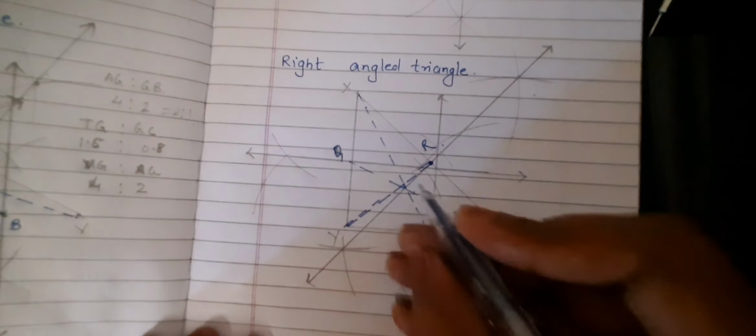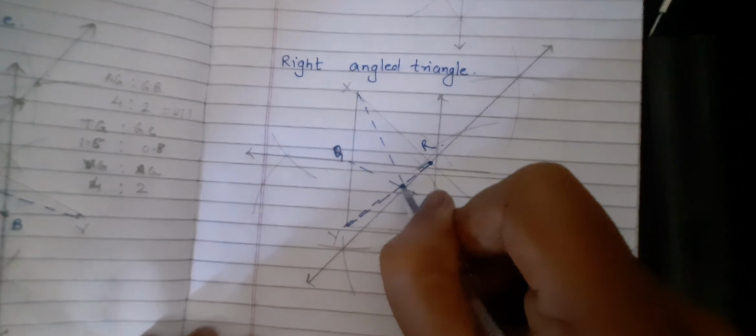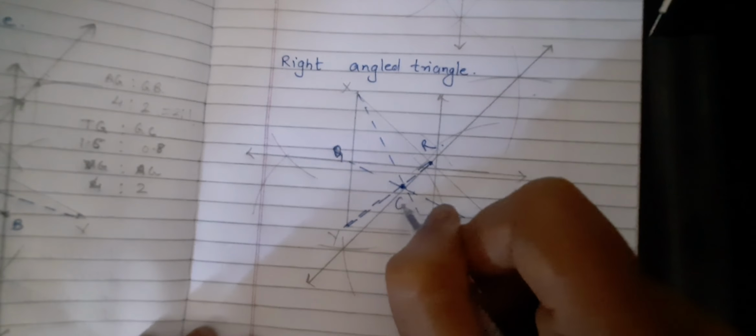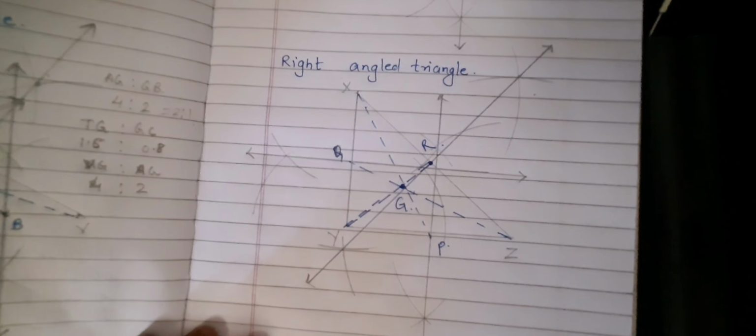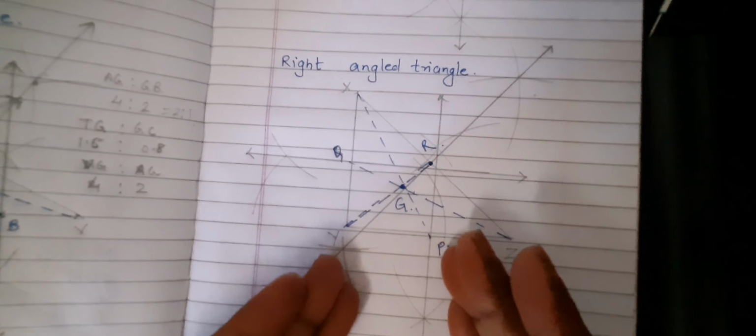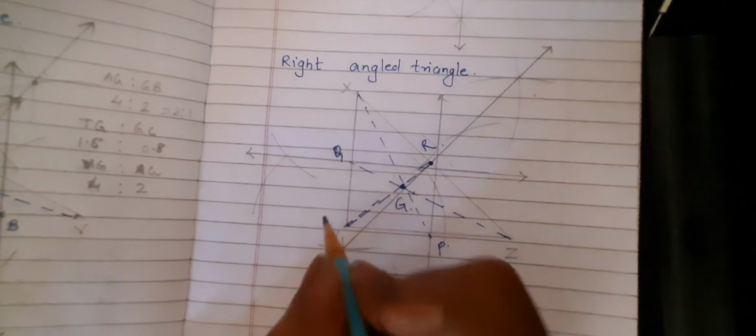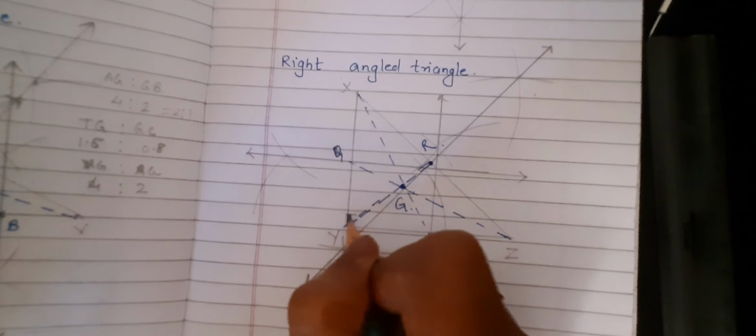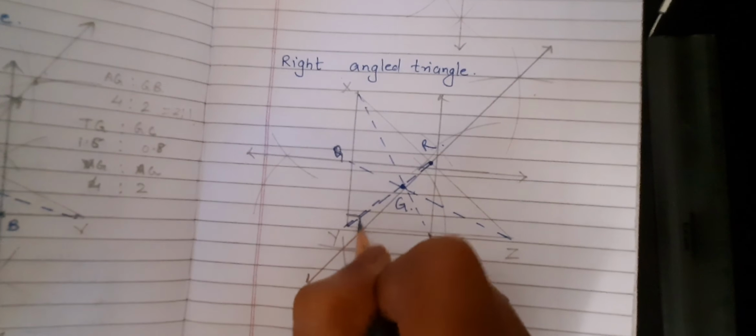Okay, it is shifted a little. Okay, so this is point G over here. Right? So in the right angle triangle also the centroid is lying inside the triangle.